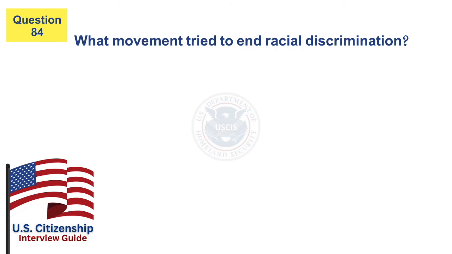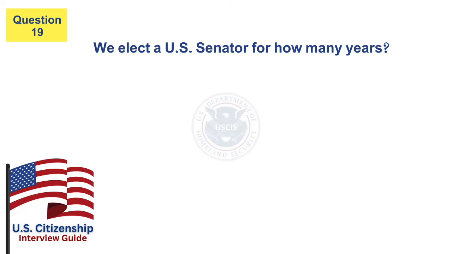What movement tried to end racial discrimination? Civil rights movement. We elect a U.S. Senator for how many years? 6.